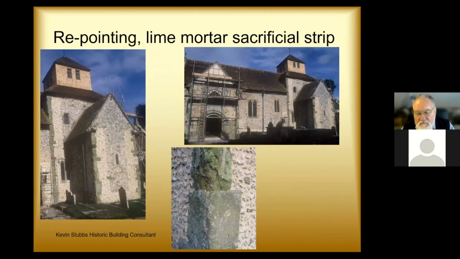And sometimes we can design mortars to do a specific job. Here we've got, in Hampshire, a late Saxon church with its tower and its south porticus. It was constructed in flint with the local green sand stone dressings.